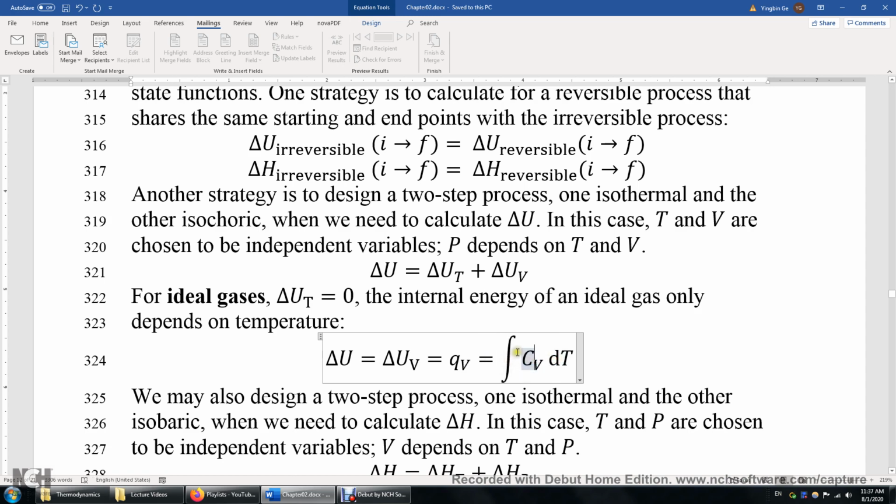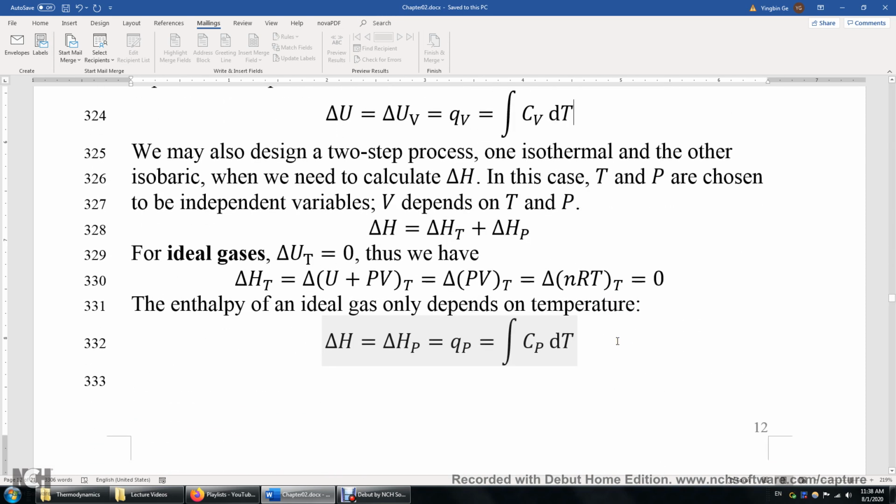So, for ideal gases, the change of the internal energy depends only on the temperature. If temperature remains constant, delta U is zero for ideal gases. If the temperature changes, we just need to integrate Cv dT to compute this Q sub V, it's also delta U sub V, it's also delta U.